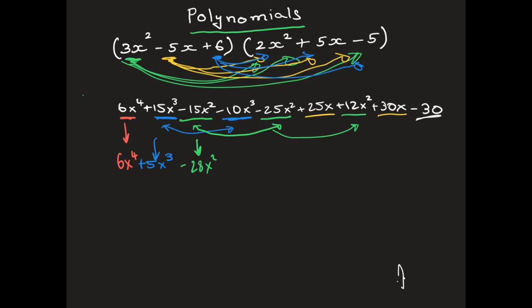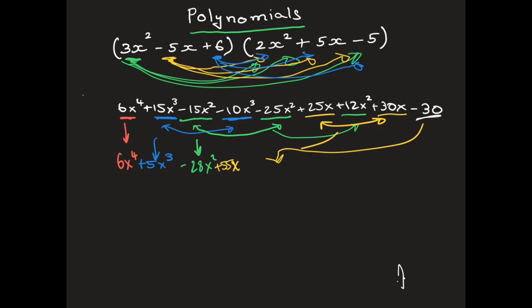Then we have our yellows, and 25x plus 30x is 55x. So add those. So that would be plus 55x, and then we have our final number, which is minus 30.